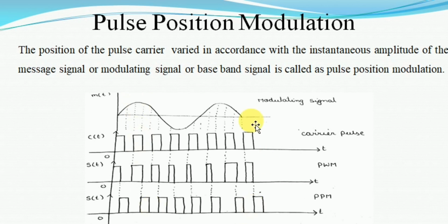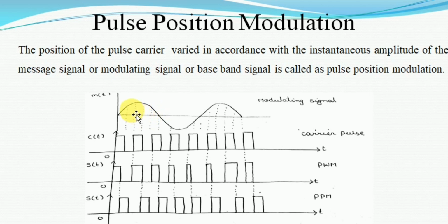Now if you observe this waveform, how can we obtain this PPM signal? Since we have the modulating signal and also the pulse carrier signal, first of all, with the variation in the amplitude of the message signal, the carrier pulse width will be changed. Suppose here this amplitude is low, so at this point the pulse is present, so the width of the pulse will be minimum.